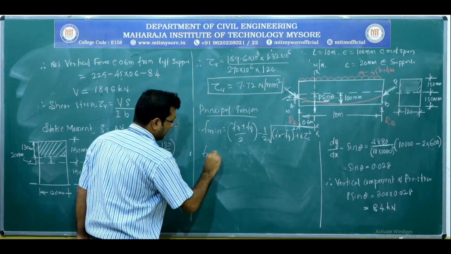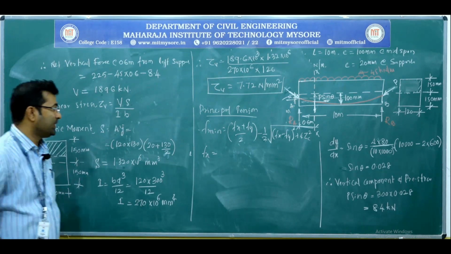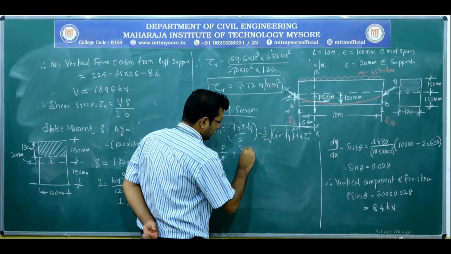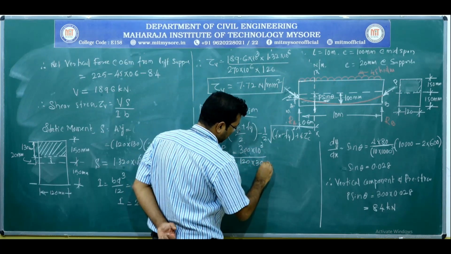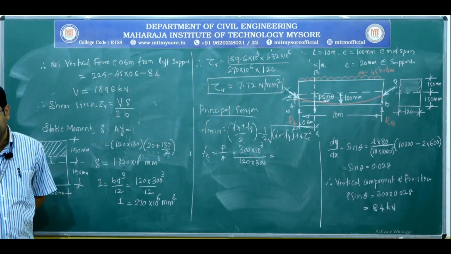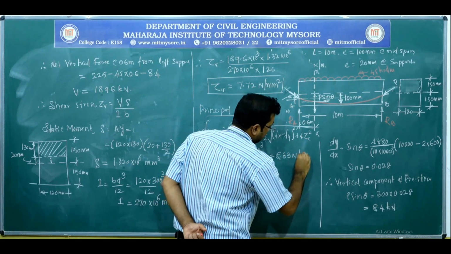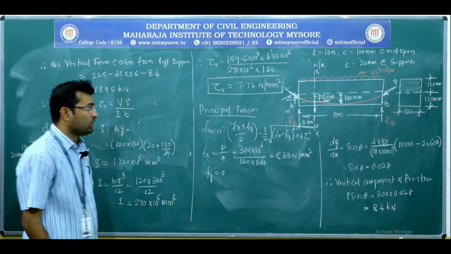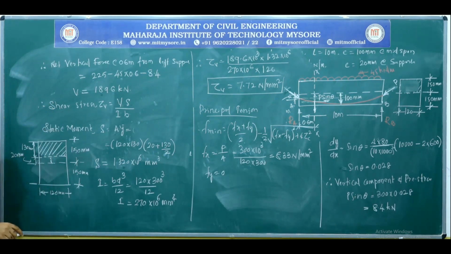Here fx is the stress due to direct stress, that is P by A. It is P by A, where P is the prestressing force, 300 kilonewtons, divided by the cross-section area, 120 into 300. This gives me about 8.33 newtons per millimeter square, and fy is 0. You know that because of no vertical stress, fy is 0.